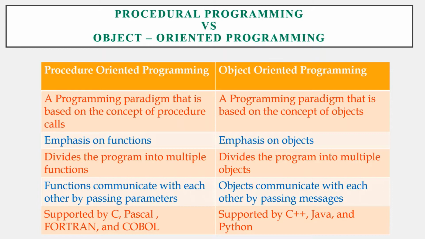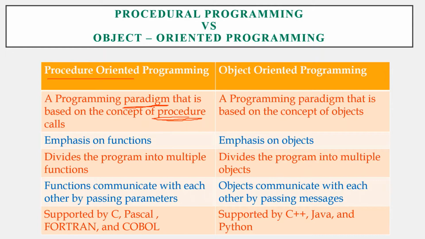It's a programming paradigm that is based on the concept of procedure calls. Now you see here, this is called paradigm. Paradigm means a model. So procedure-oriented programming is a model which is based on procedure calls.